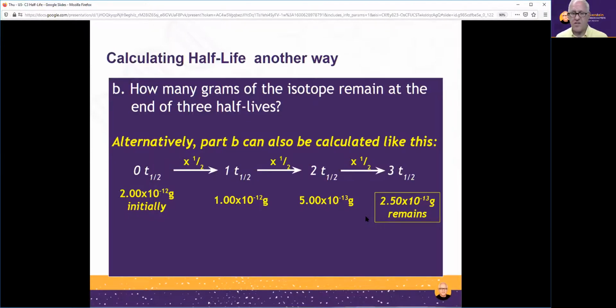Now, I know that math can get a little complicated, but we're primarily looking here for you to be able to do some simple calculations.